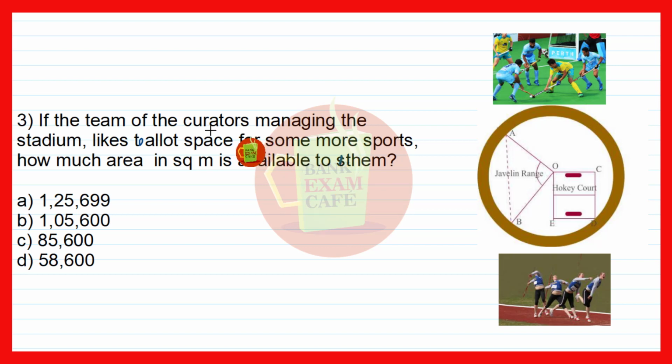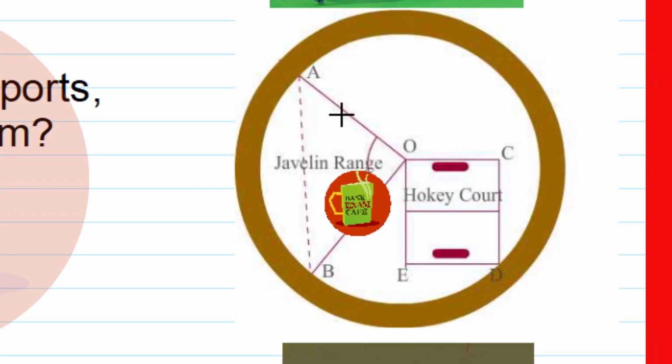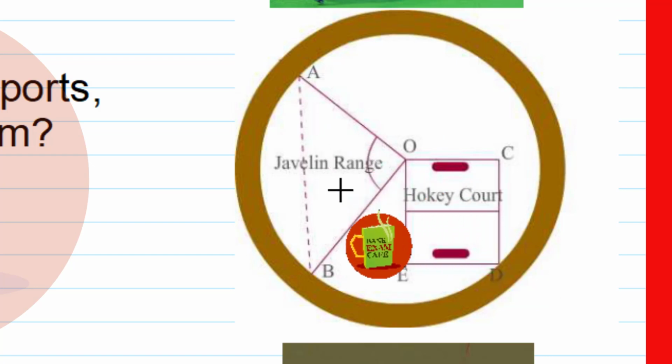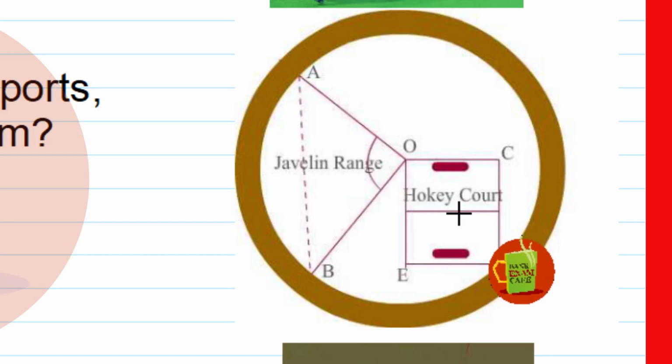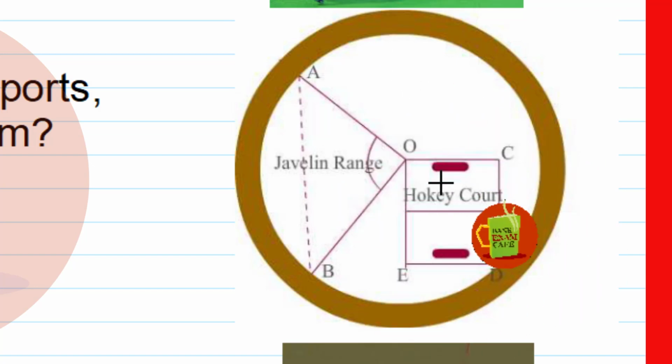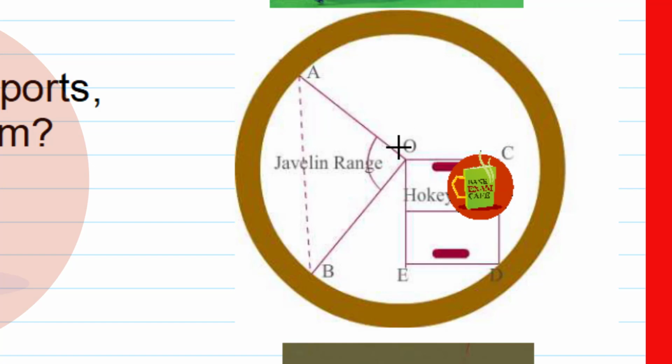Here, friends, the curators decide to allot space for some more sports, so how much area is left in square meter for the other sports? The area left after consuming this much area for the javelin range and hockey court, the remaining portion, is what we have to find.